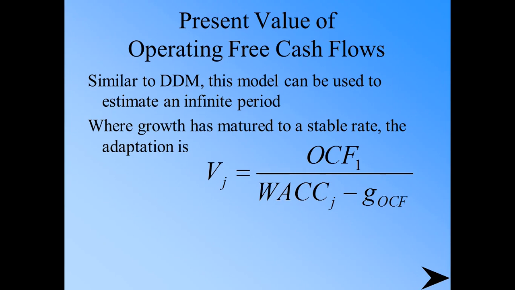And if there is a constant growth rate in the cash flows, and we are supposed to find out the present value of the cash flows forever, then we can use this method as we use in the dividend discount model. Operating cash flows divided by WACC minus G. G is the growth rate, WACC is the discount rate or the required rate of return of the investor, and these are the future cash flows.